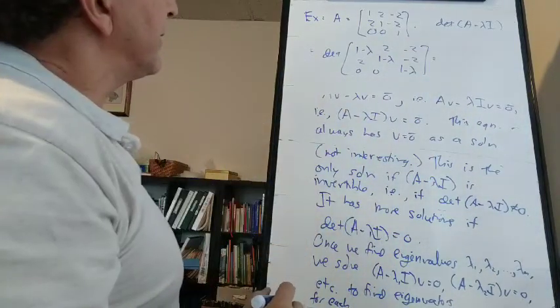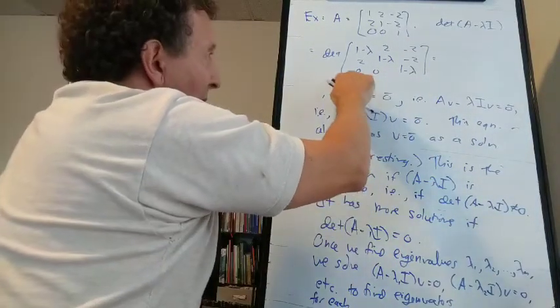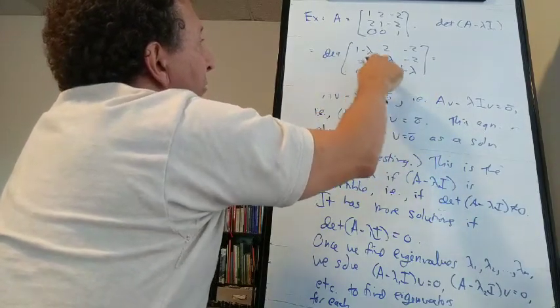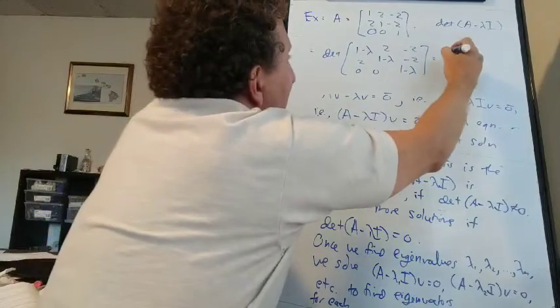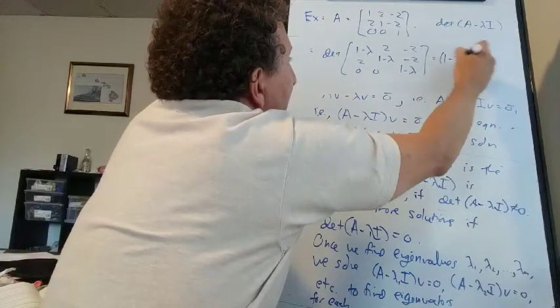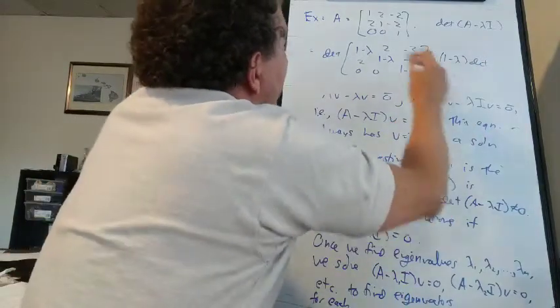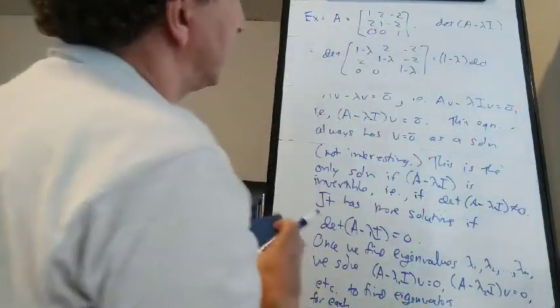Now the determinant of this is, oh, I see two zeros here, so why don't I expand on the last row, plus, minus, plus, minus, plus. This is going to be 1 minus lambda times the determinant of this upper 2 by 2 matrix.